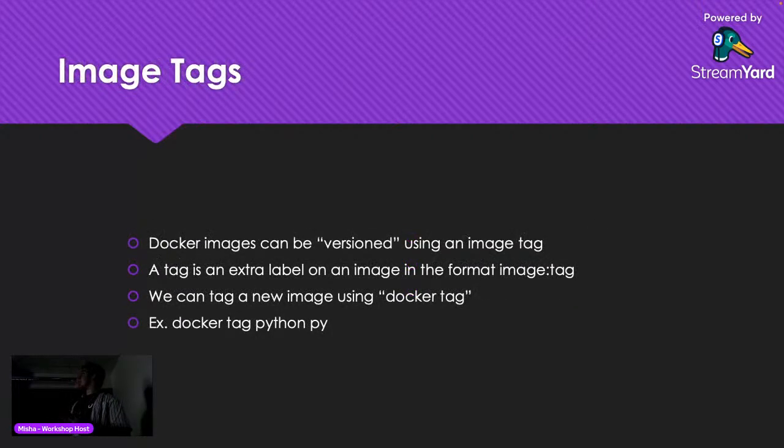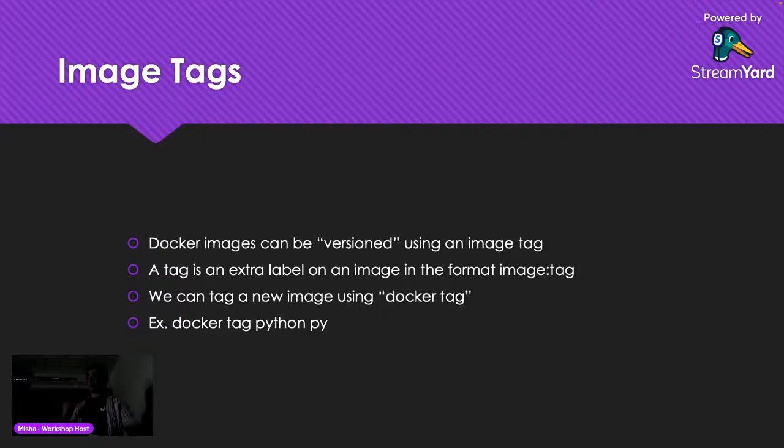So moving on. One thing with images is you can version them using an image tag. The format here is the image name : tag. What this helps you do is give you options for what kind of image you want.